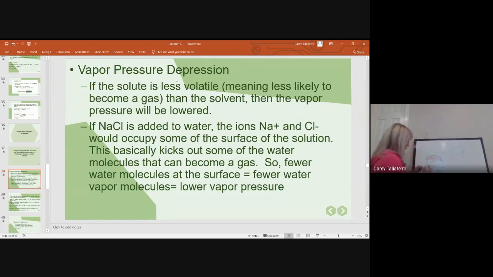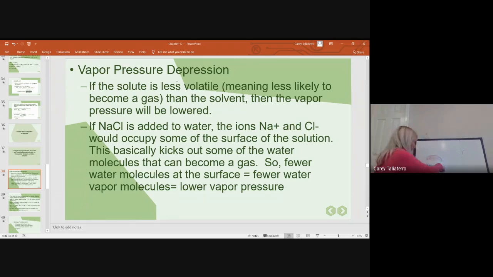And what happens is before we had salt in our water and it was just pure water, every molecule at the surface was water. But that doesn't happen when you have a solution, because some of this water is actually salt and water mixed together. And so these sodium ions get near the surface, and so do those chloride ions. And they kind of kick the water molecules out of the way.